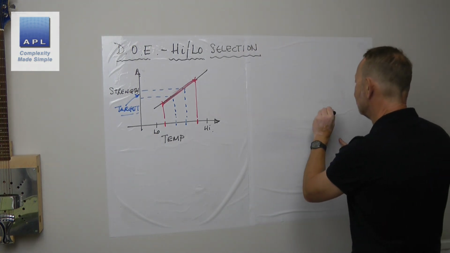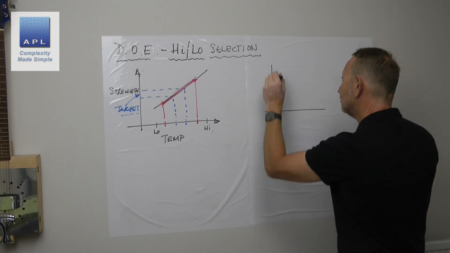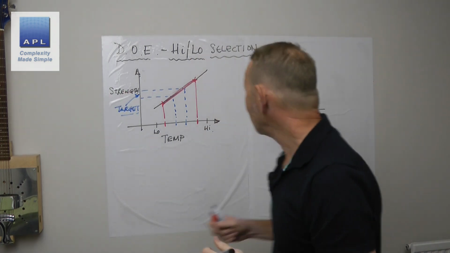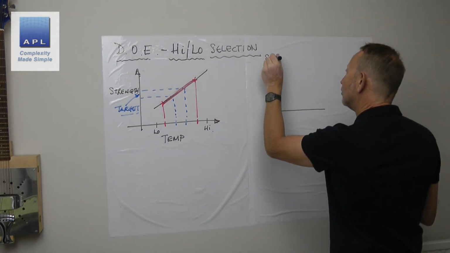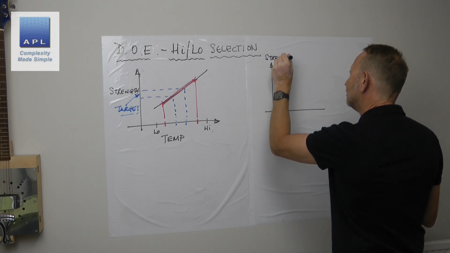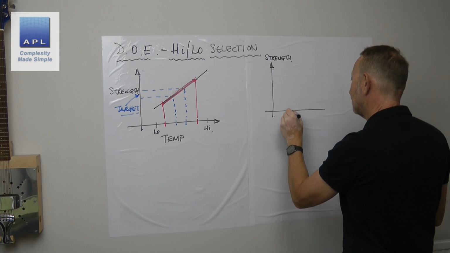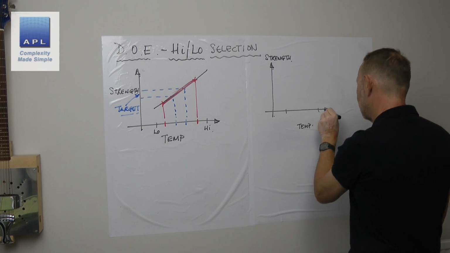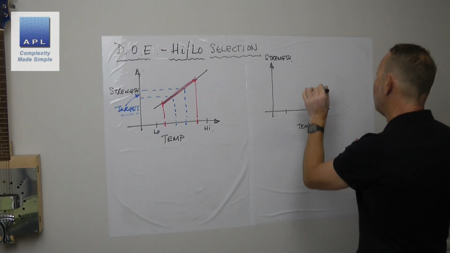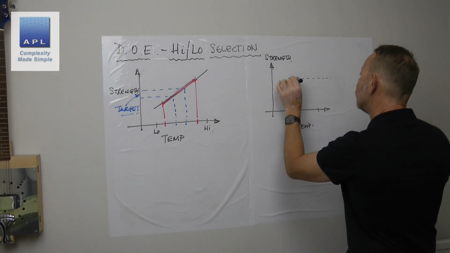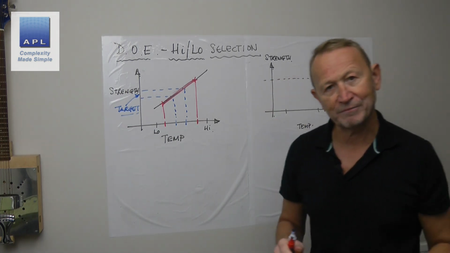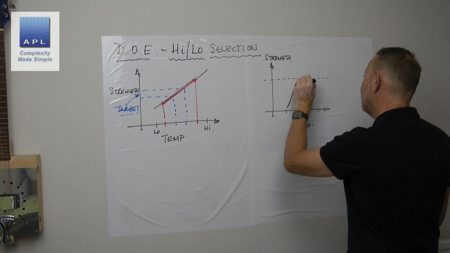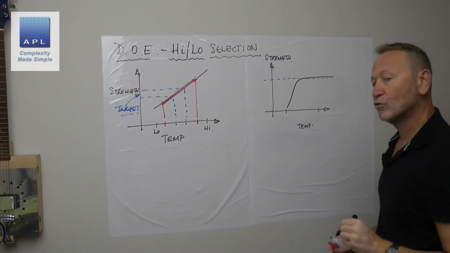If your system tops out, let's say it's strength that you're looking at, and you have your temperature here that you're interested in understanding. But what happens is the strength has a maximum. So it does this. The effect rises very quickly and then sort of tops out.